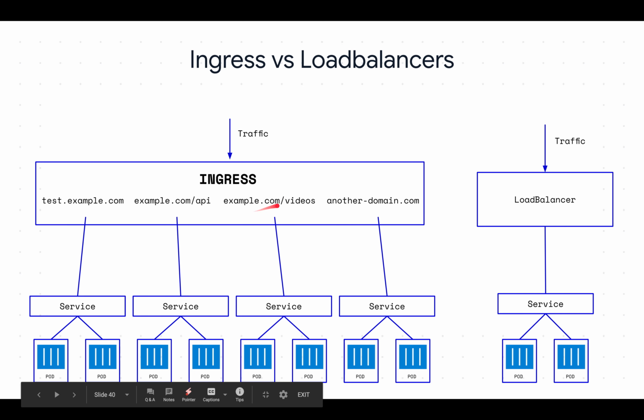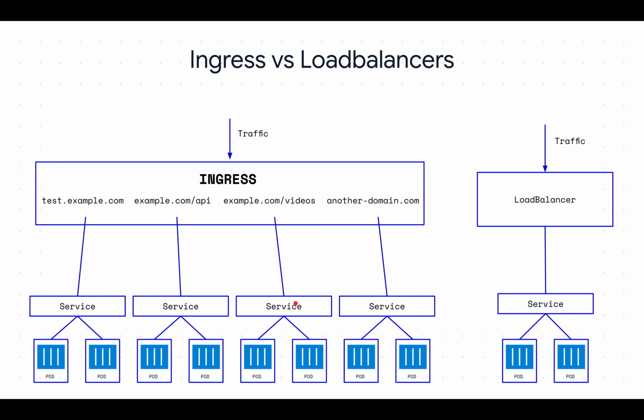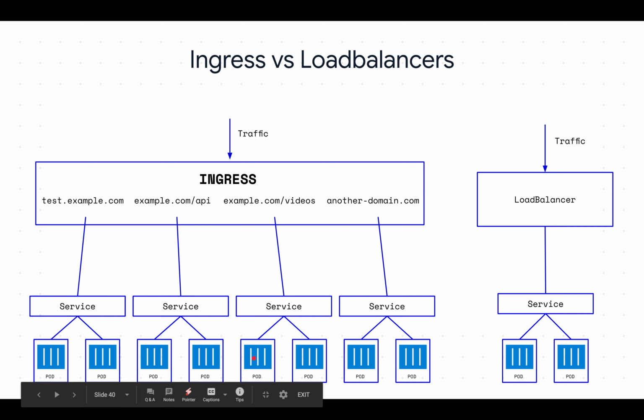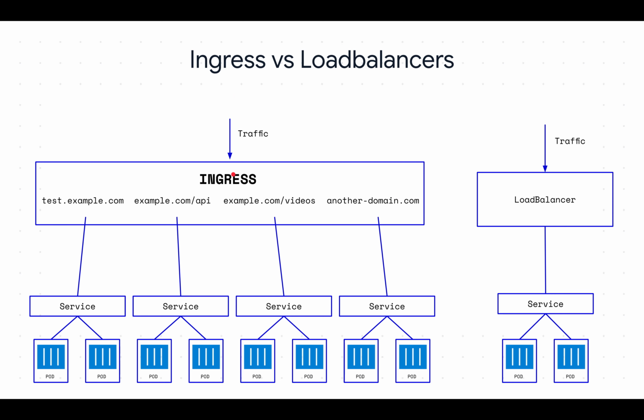If you go to example.com/videos, you want to route to a different video service, for instance, which in turn routes to the application underneath that. And if you go to another domain, you want to go to another service and another application. So that's what an ingress helps with. Based on the traffic and the domain configured, you get a different service.